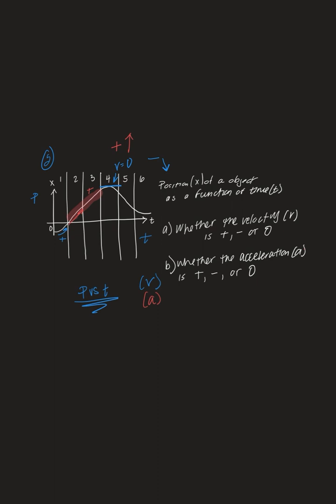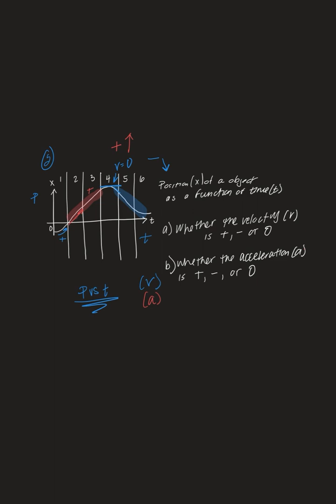Once the velocity reaches 0, you know that it will go down also because of gravity, but it will travel downward because the slope is going down as well.